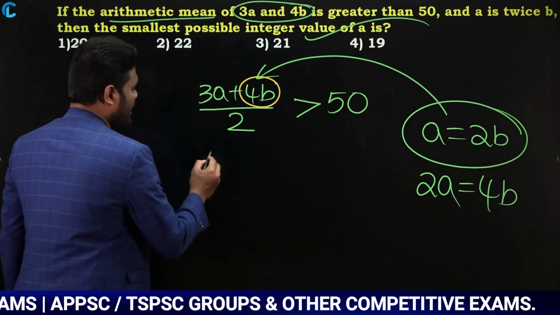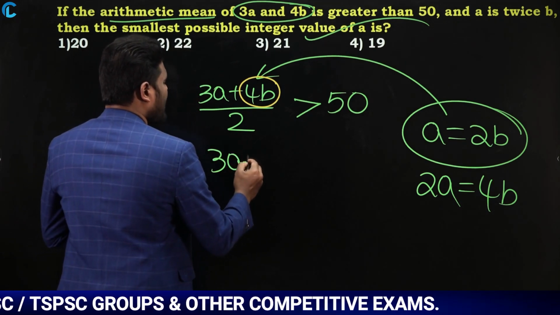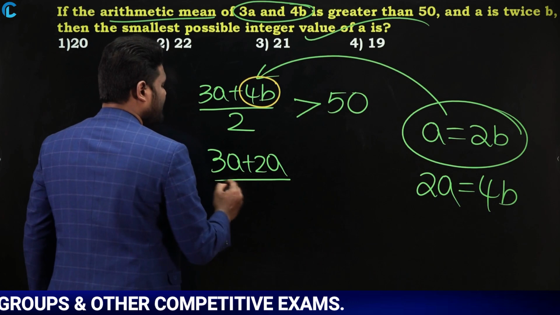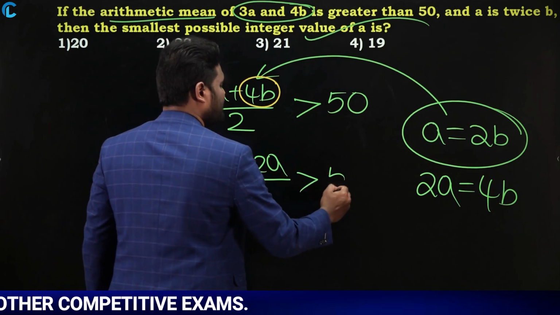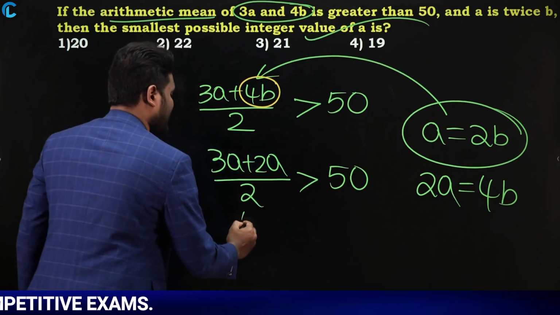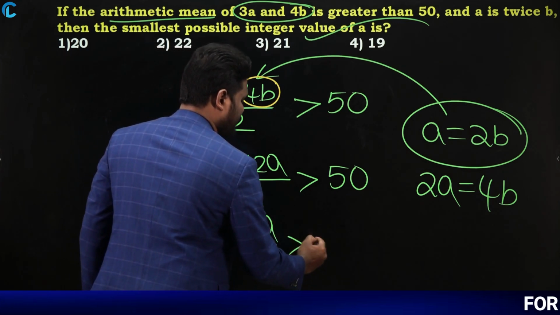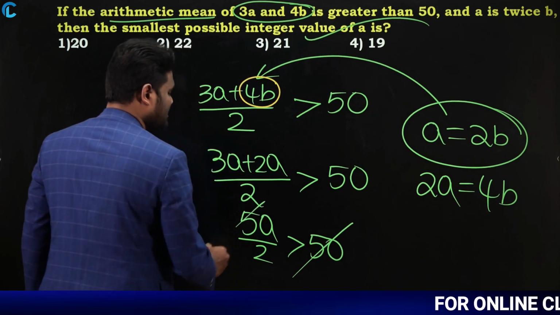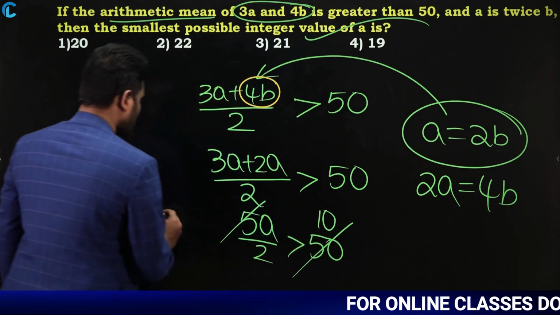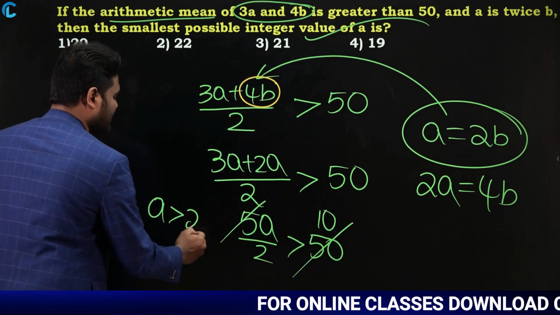If I replace it, it is going to be (3a + 2a)/2 greater than 50. From this I can say that 5a/2 is greater than 50. Now 5 cancels into 50 ten times. So I can say that a should be greater than 20.